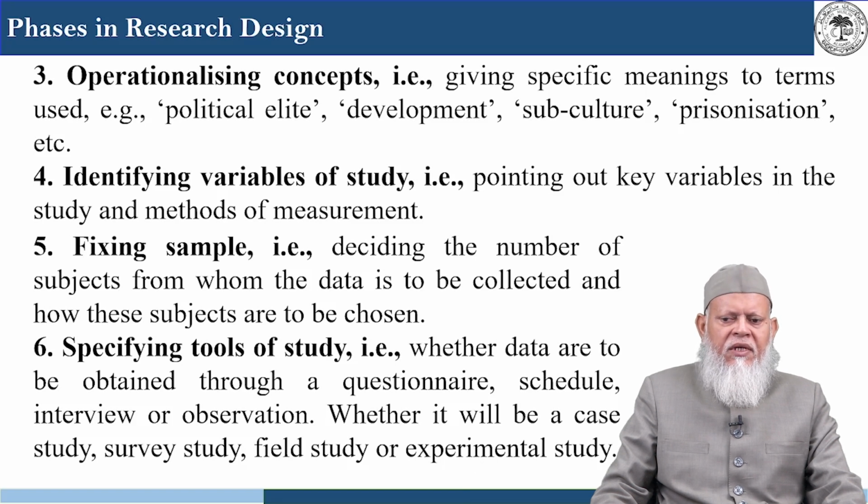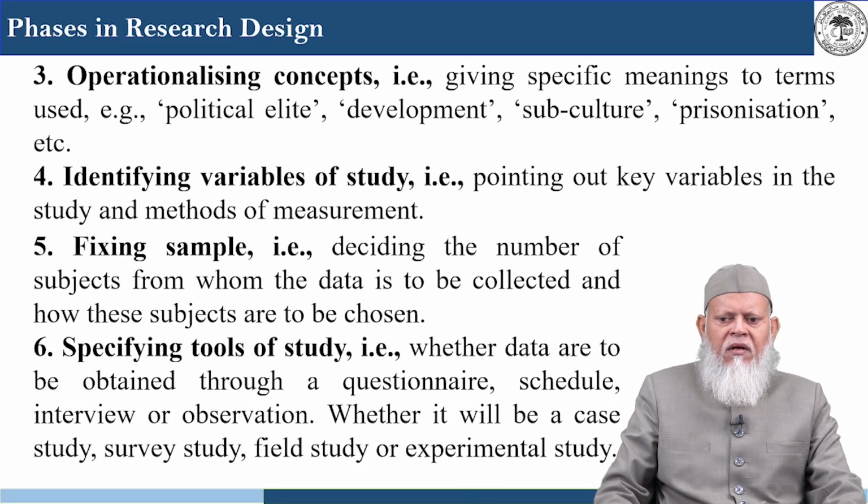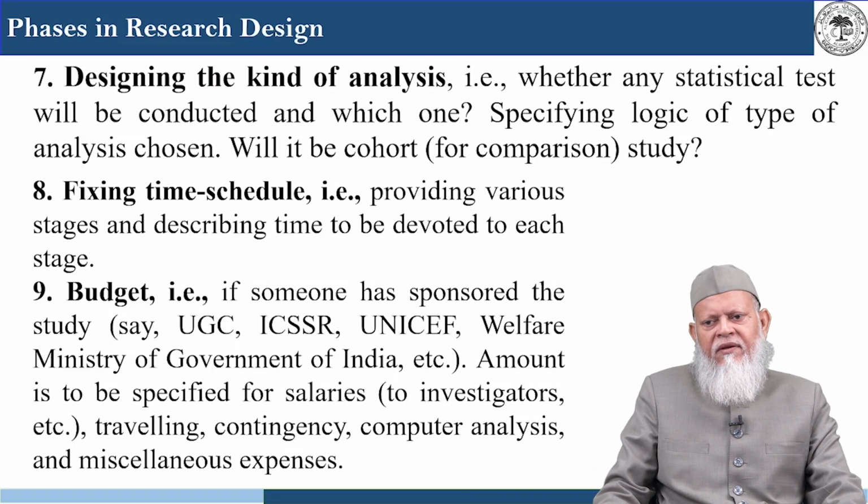And then sixth is specifying the tools of the study, whether questionnaire method, schedule method, interview, observation, or it would be case study, survey study, field study or experimental study. These are also to be decided in the design itself.